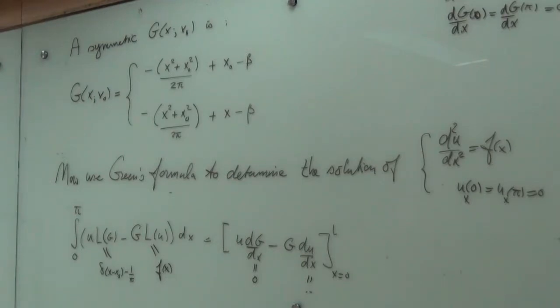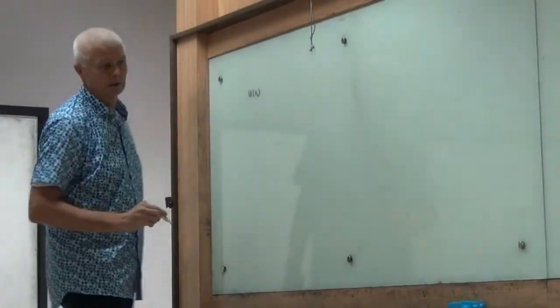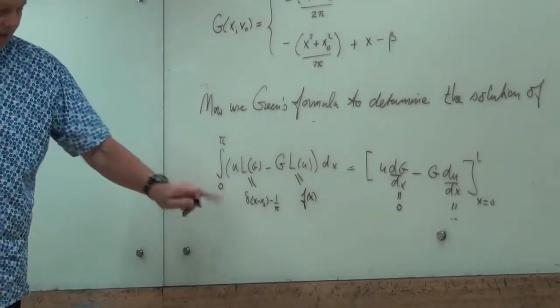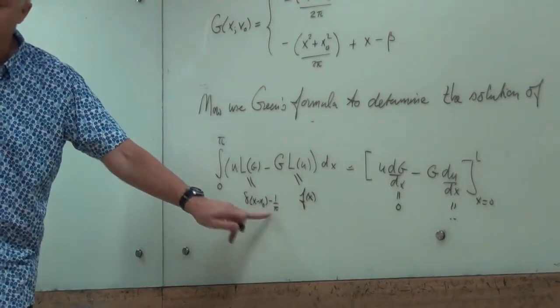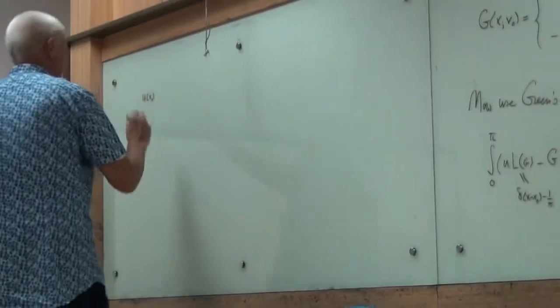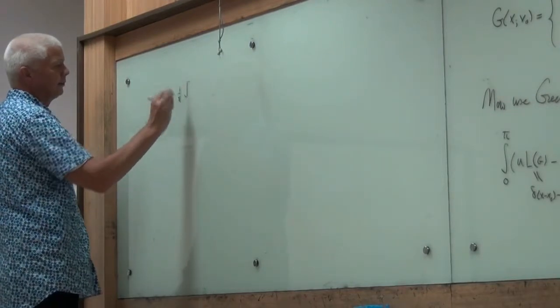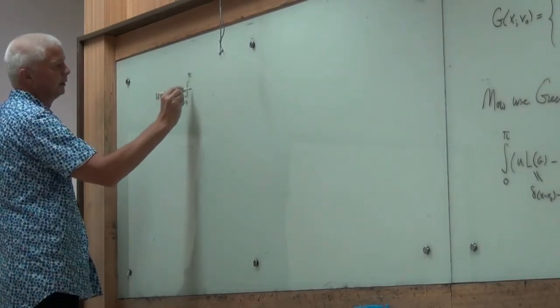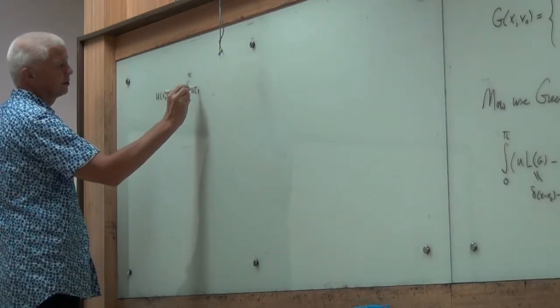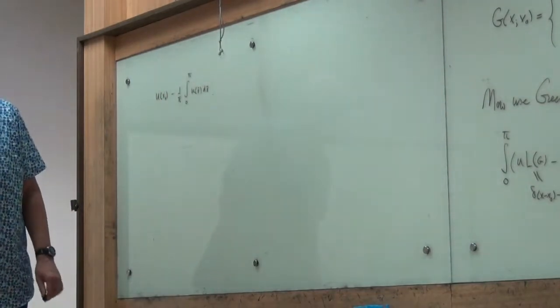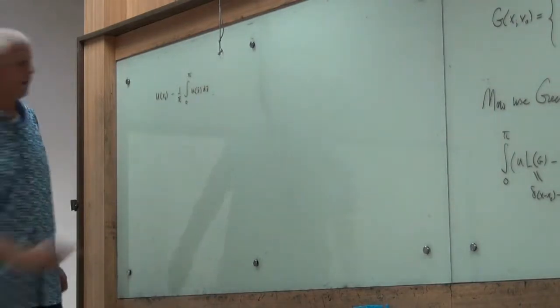So I will get as a solution u(x0), that's u times the delta function. You agree? Then I have u times 1 over pi integrated over that interval, minus 1 over pi integral from 0 to pi u(x) dx. That's what I get.